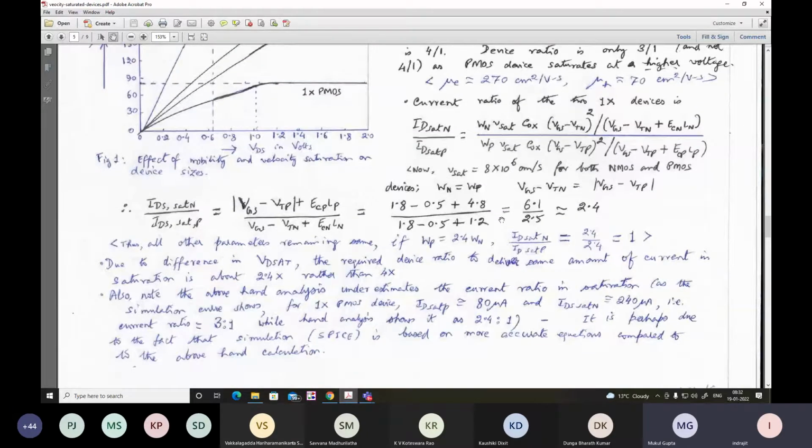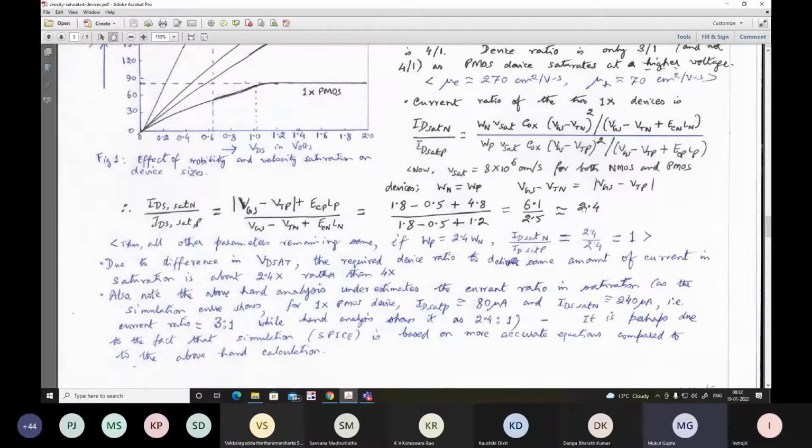For one thing, due to the difference in VDSAT, we saw that for the PMOS device it is nearly 1.02, whereas for the NMOS device it is smaller, 0.62. The required device ratio to deliver the same amount of current, here we found, is 2.4 times.